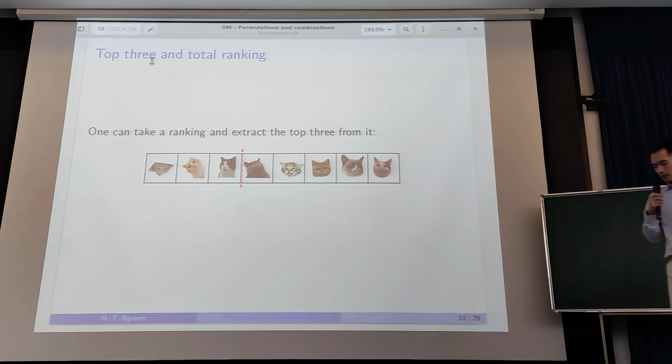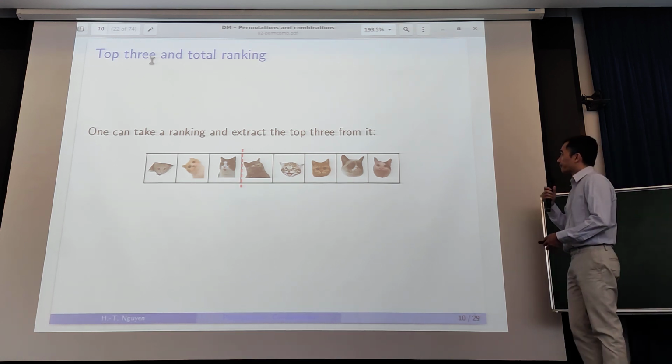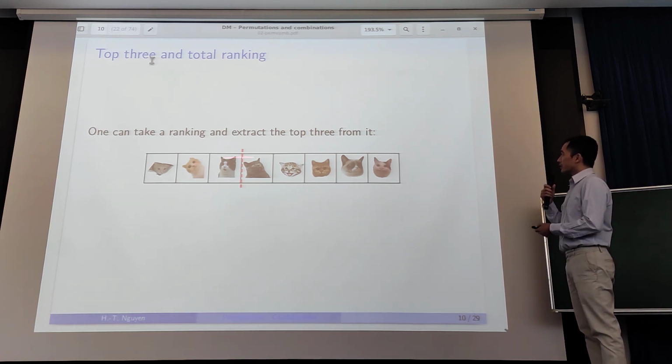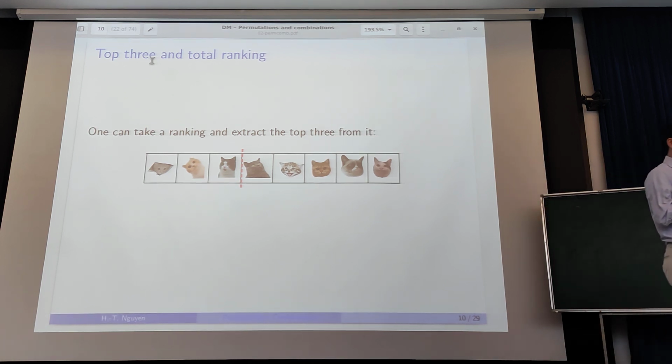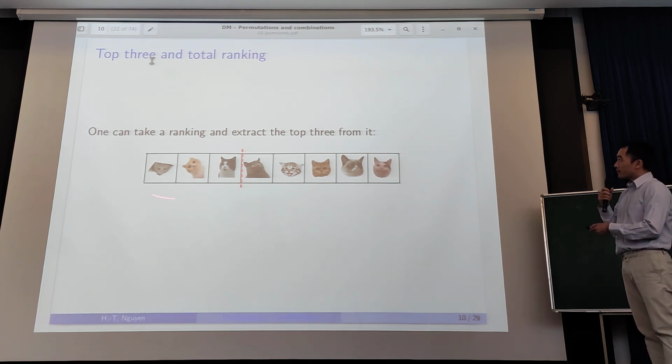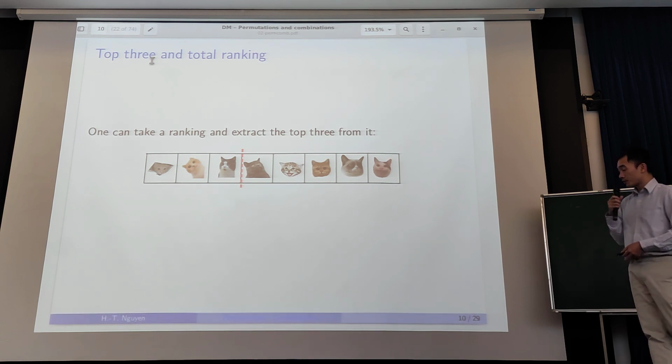Okay. So let's say that we can run many instances of the contest, and each time we get a full result. Each time we get a full ranking of the cats, and then we cut off after the third place, and we keep only the top 3.